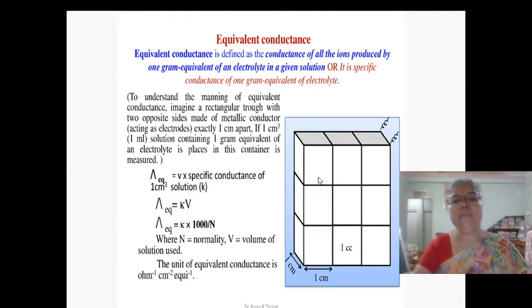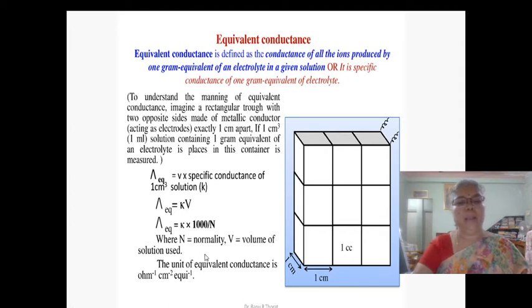And again, if we have 1000 cc of solution in this container, at that time equivalent conductance is equal to specific conductance into 1000 divided by N, where N is the normality, and phi is the volume of solution used. Here 1000 cc is the volume of the solution, and N is the 1 gram equivalent of solute in 1000 cc.